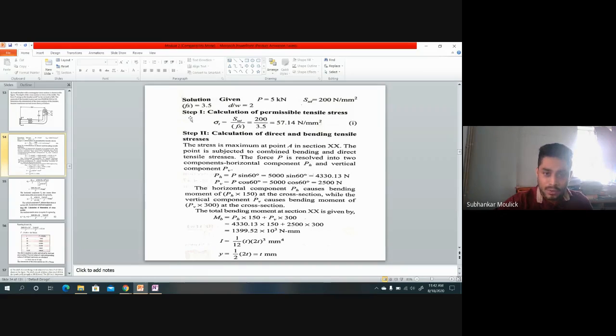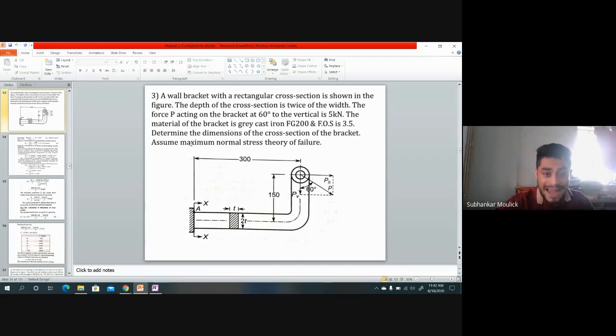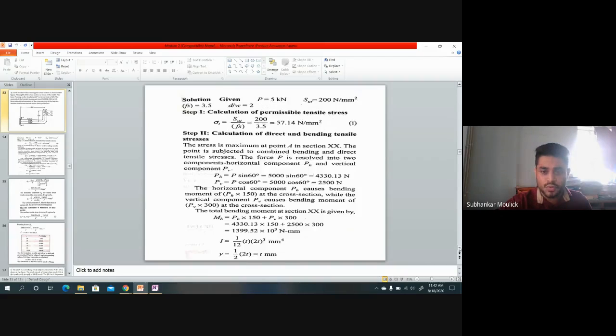Now I have to equate this permissible stress value with the maximum stress generated due to this particular load P. One stress will be tensile stress plus another stress will be bending stress due to this PV into 300 moment plus PH into 150 moment. So let us find it out. So before that, let us resolve this force P into two components.